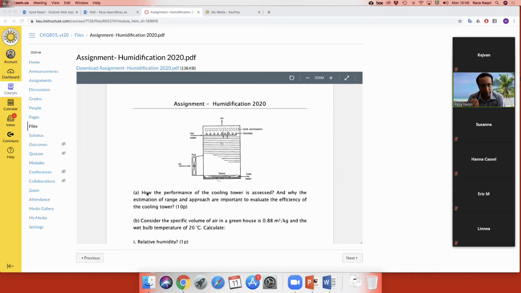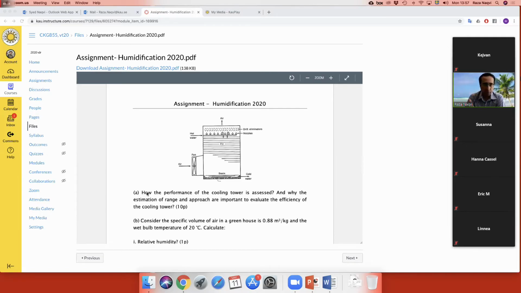What could be the reasons that, if we have designed our cooling tower for a certain range and approach, it is not performing according to the design specification, or how we can find that a particular cooling tower is working well or is not working well.